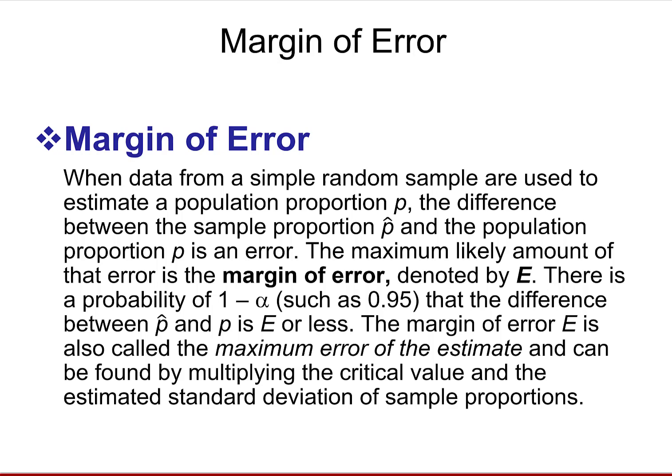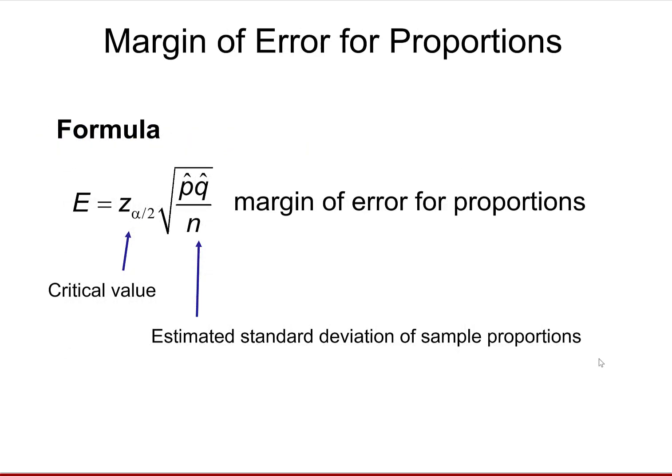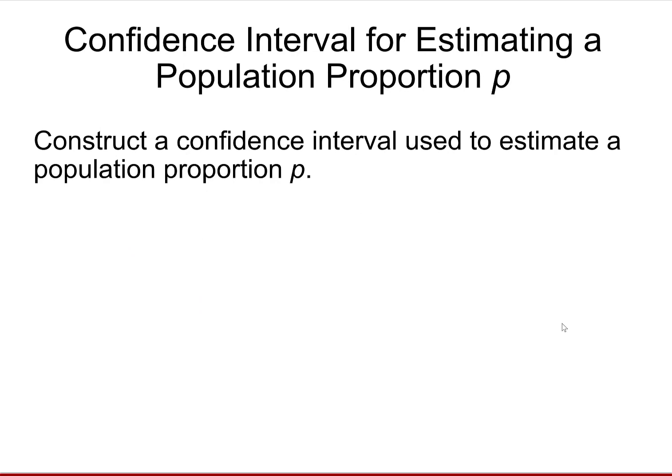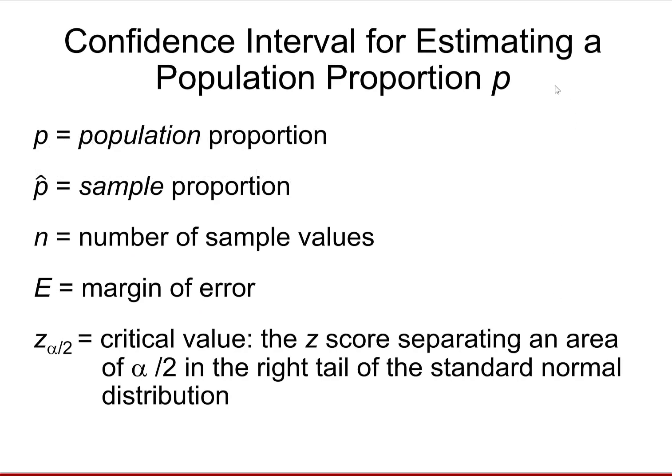The margin of error is also called the maximum error of the estimate and can be found by multiplying the critical value and the estimated standard deviation of the sample proportions. And there's the formula for it. Now, we're not going to focus so much on the formula. We're going to derive our margin of error from the actual confidence interval. So to construct a confidence interval, here are some definitions that we need.